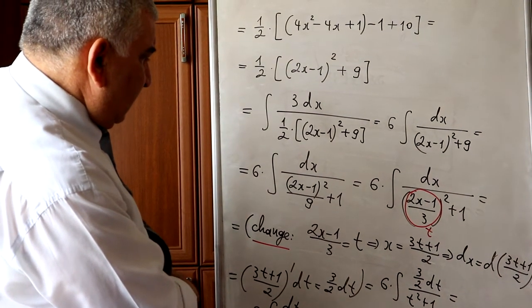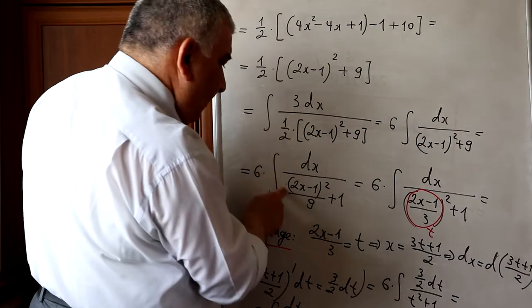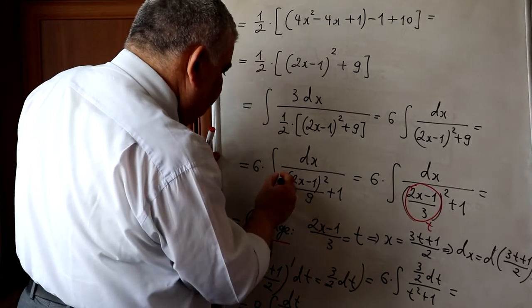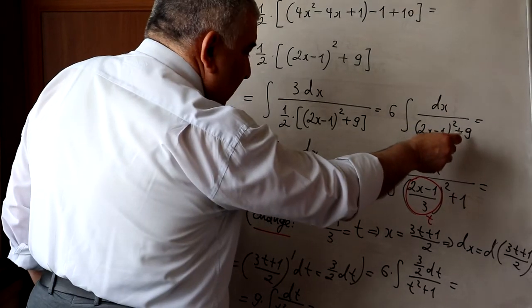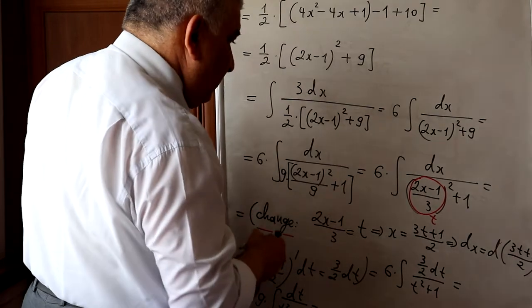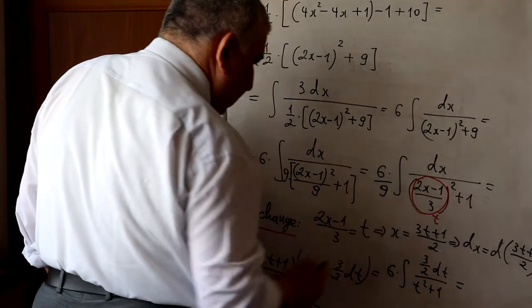I'm sorry, here we must write here also 9, because we took 9 out of the brackets in the denominator. Therefore we will have 6 over 9.